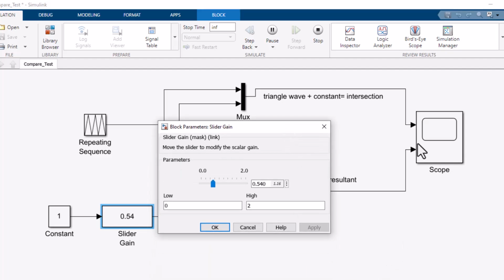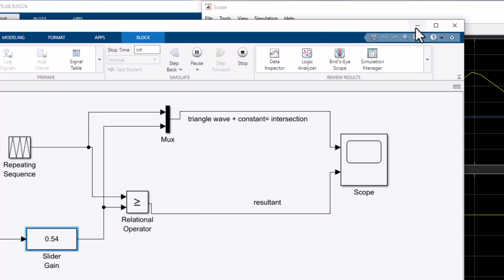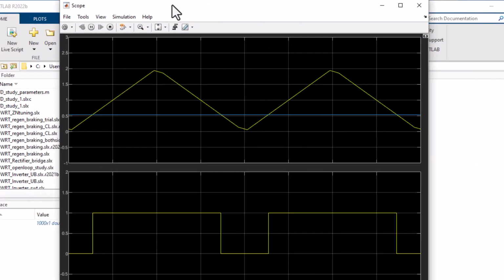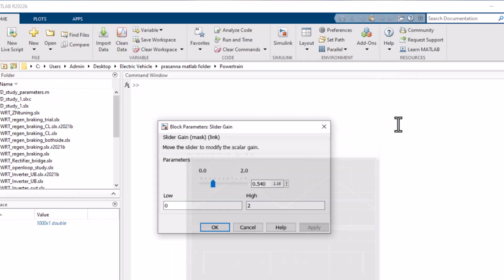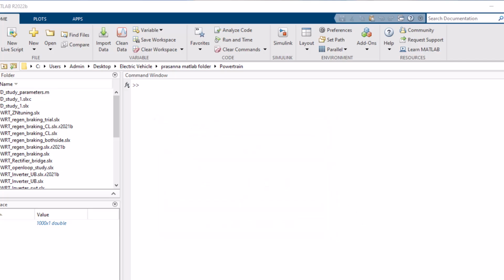Then you can see in the scope what is happening. Now the intersection is at 0.5, and you can see the pulse width is getting increased. This is also a way to generate the pulses.